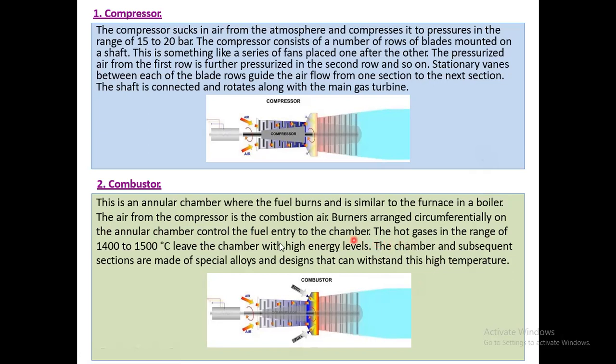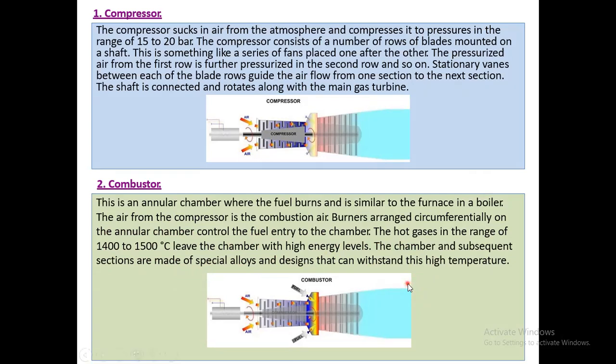The hot gases in the range of 1400 degrees centigrade to 1500 degrees centigrade leave the chamber with high energy levels. The chamber and subsequent sections are made of special alloys and designs that can withstand this high temperature.